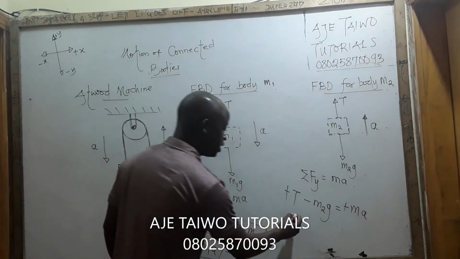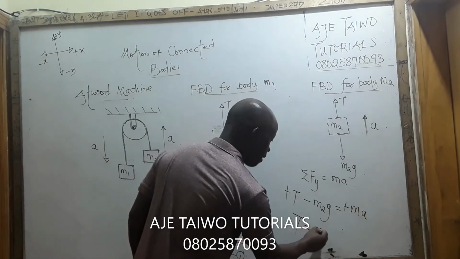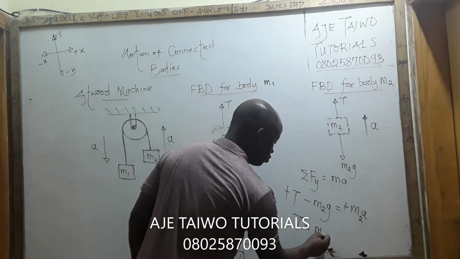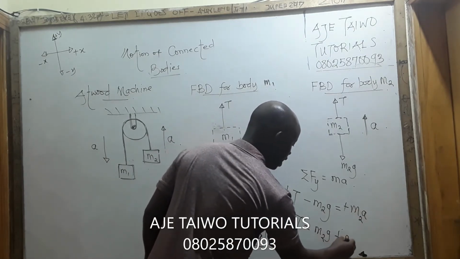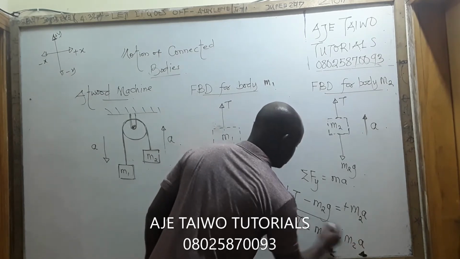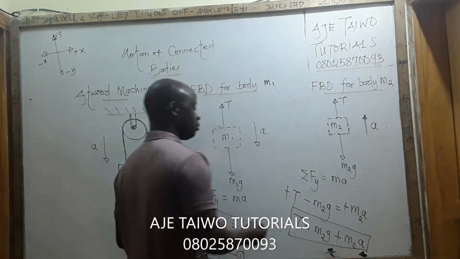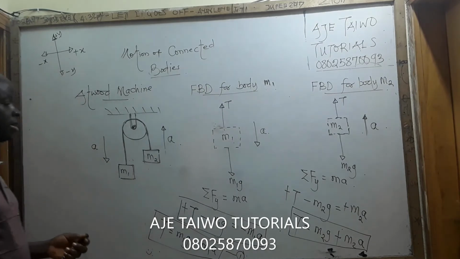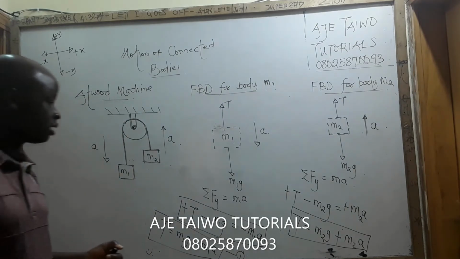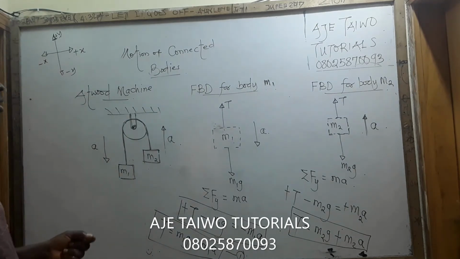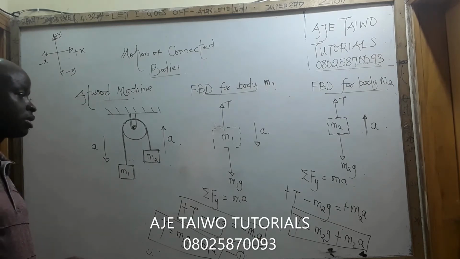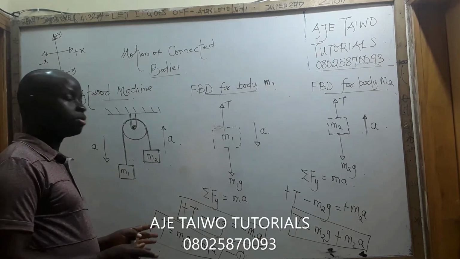So we now say T equals M2G plus M2A. That's the tension on that body. It's very simple.